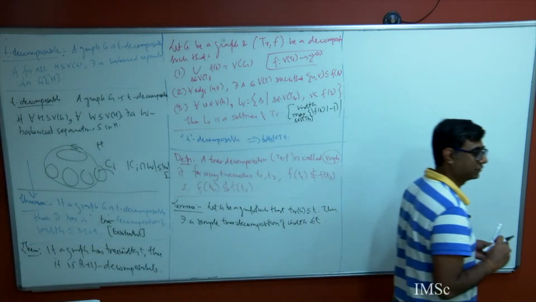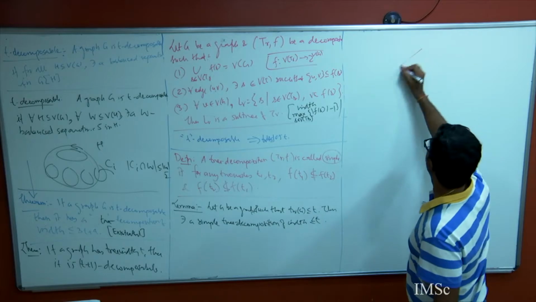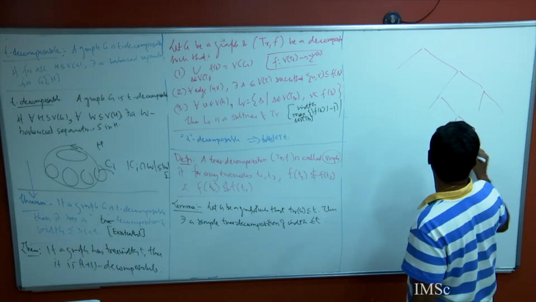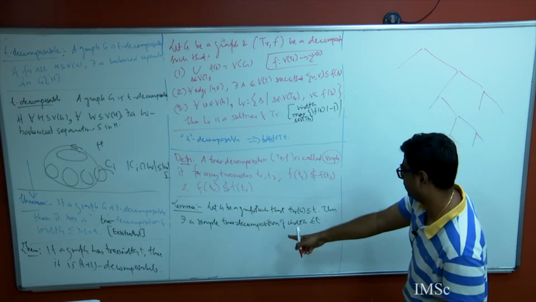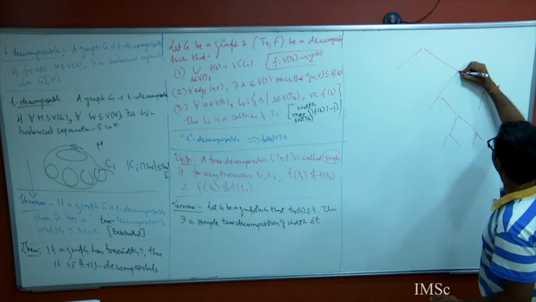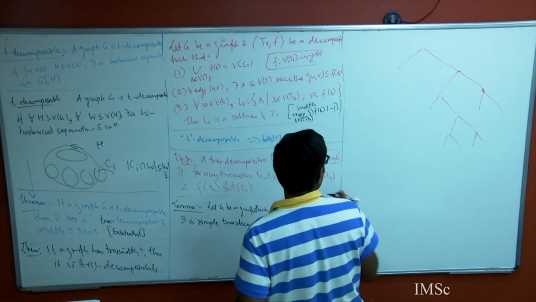Did you think about it? Did you not get it? Got it? It's obvious, right? So suppose here is my tree. For now let's say you have some T1, T2, say T1, T2 is an edge for a change.